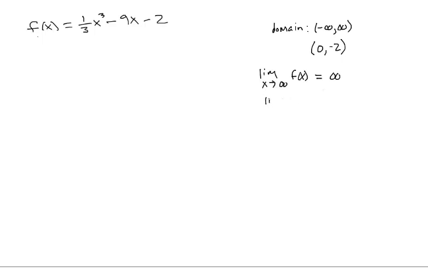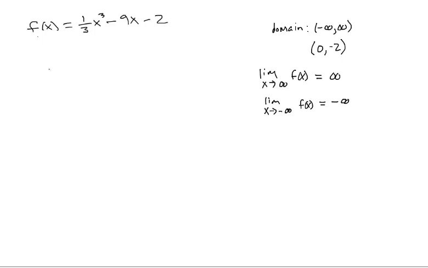And then limit as x goes to negative infinity. Remember, when you cube a negative number, it's still negative, so we have negative infinity. So that means on the right side of our graph, as we go to infinity, we're going to increase forever, go up forever, and then as we go to the left, we're going to decrease forever.